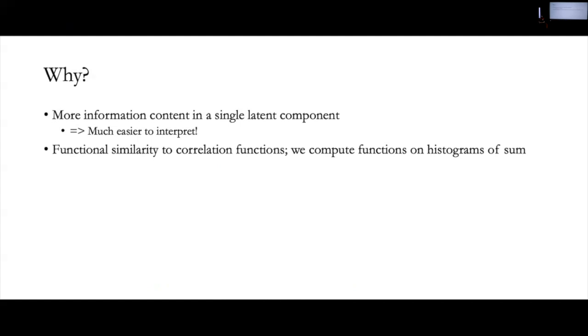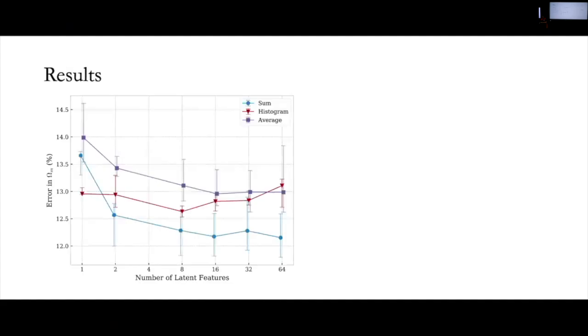A correlation function is like a histogram. So this is an inductive bias for a deep set that mirrors functions in astrophysics. If we can interpret the thing we learn, we can feed that back into existing knowledge.